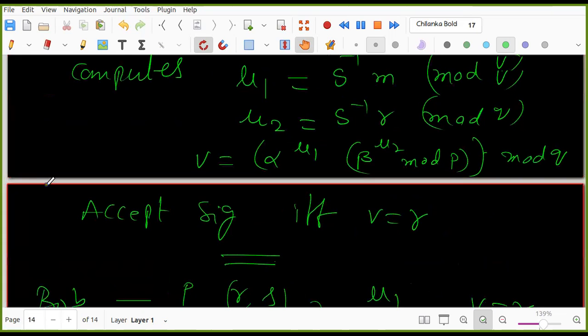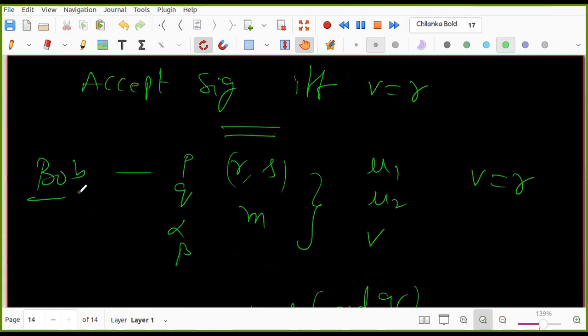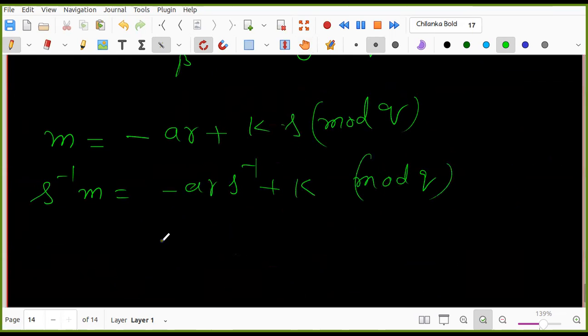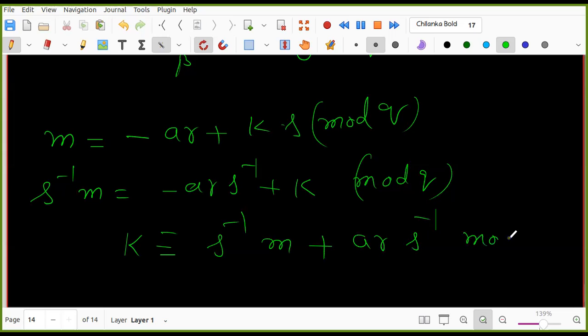And S inverse M equals minus AR S inverse plus K mod Q. So that means K is equal to, of course congruence is everywhere, S inverse M plus AR S inverse mod Q. But what is S inverse M?